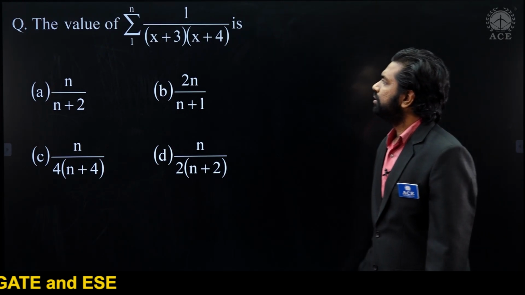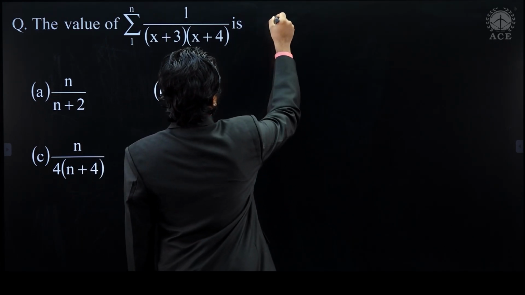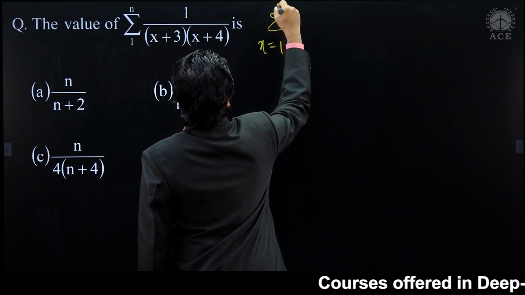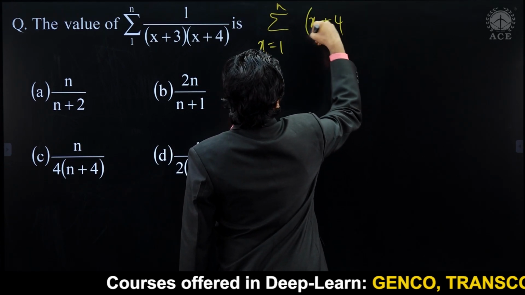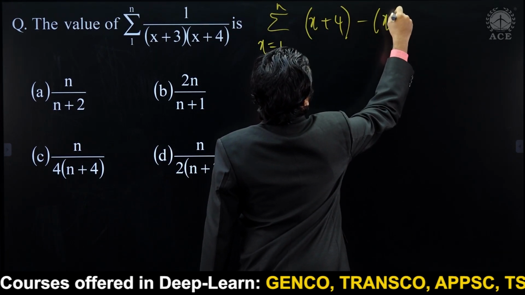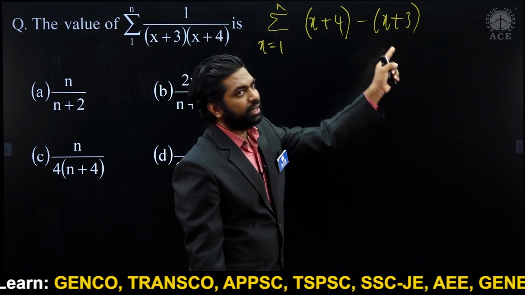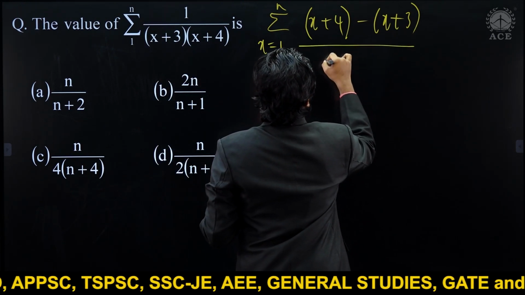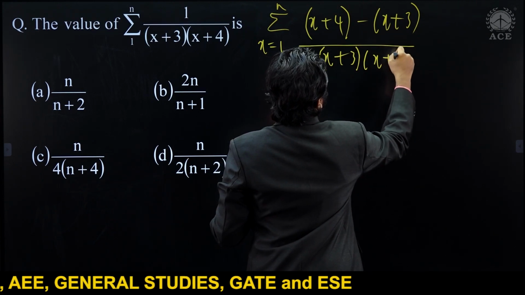In the first step, I'll do a rearrangement. Have a look at this rearrangement. The summation x from 1 to n, x plus 4 minus x plus 3. Anyway, x cancels, 4 minus 3 is 1, divided by x plus 3 into x plus 4.